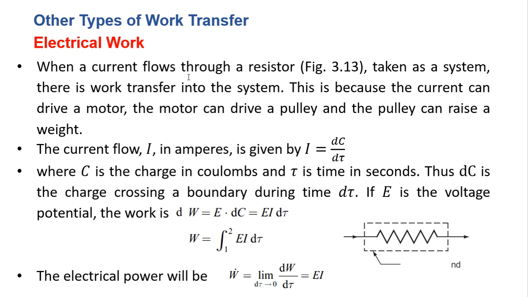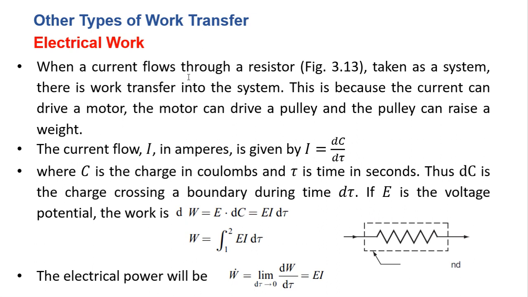We already have the equation I equal to dC by d tau, so we can rearrange dC equal to I into d tau. That becomes E into I into d tau, and integrating from 1 to 2, you can write W equal to the integral.